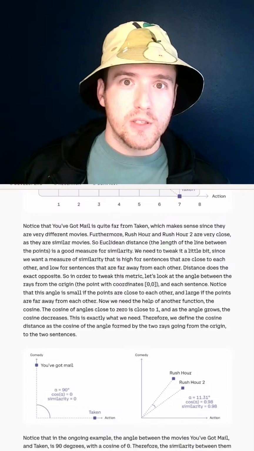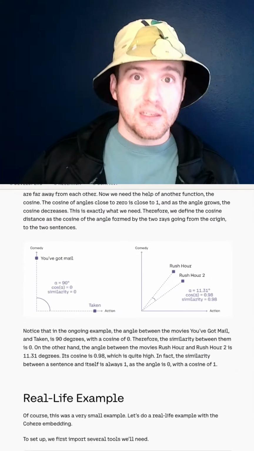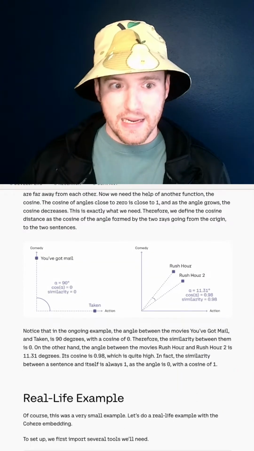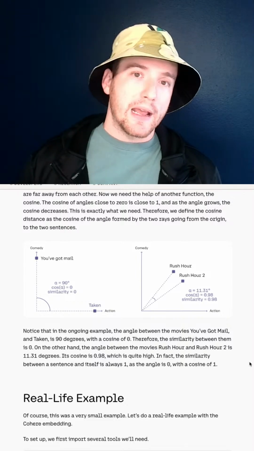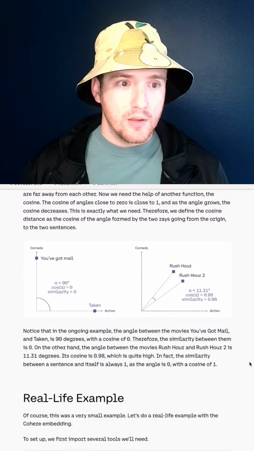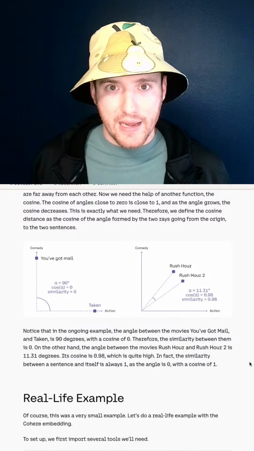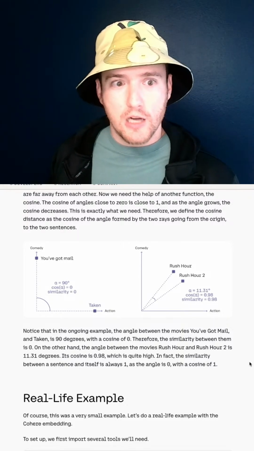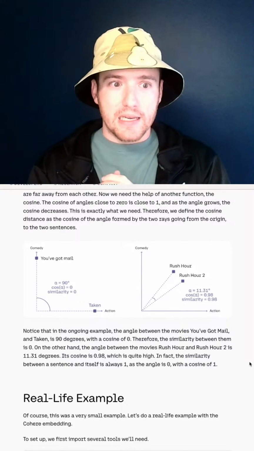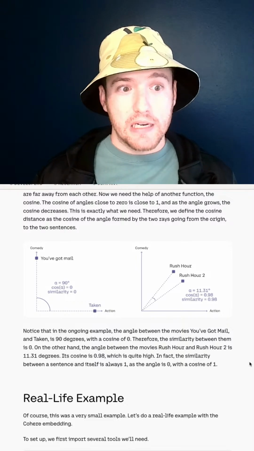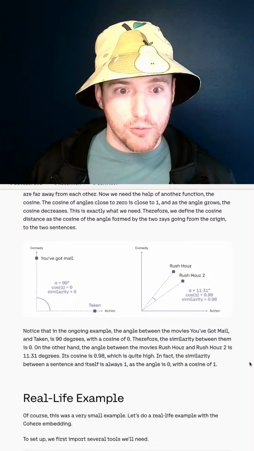So on the left, you can see our highly dissimilar movies. You've Got Mail and Taken. You can see they form a right angle because You've Got Mail is a 0 for action and Taken is a 0 for comedy. So the bottom x-axis is action and the vertical is comedy. Being a 90-degree angle, the cosine is 0, so they are not similar at all.